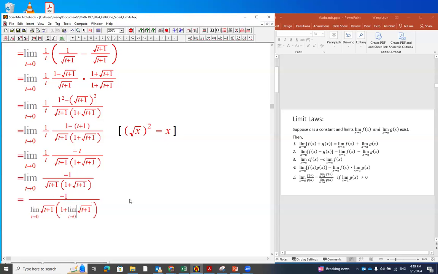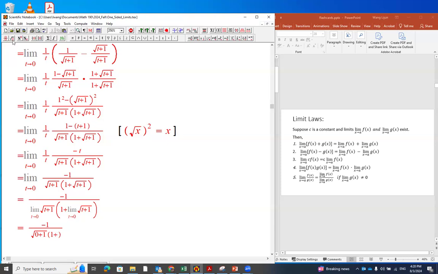The limit of a constant is still the same. Now we just substitute. The top is -1. The bottom is going to be root. Now you understand why I didn't multiply them. No need. Keeping it in factor form doesn't bother anybody.